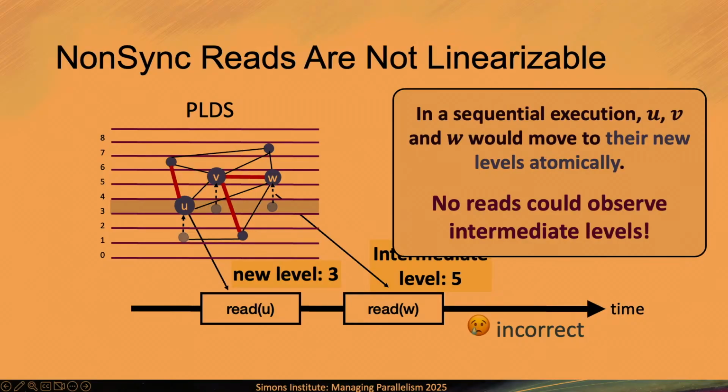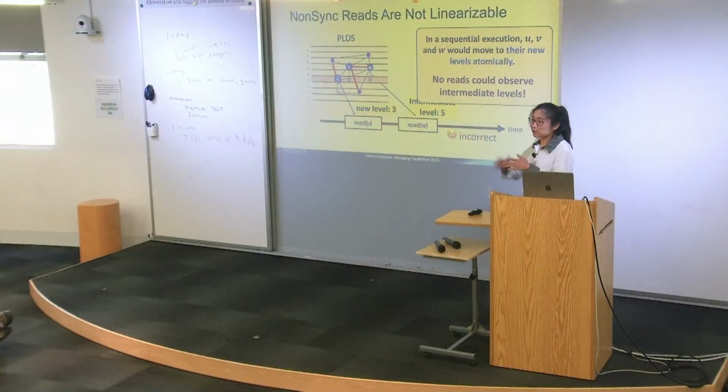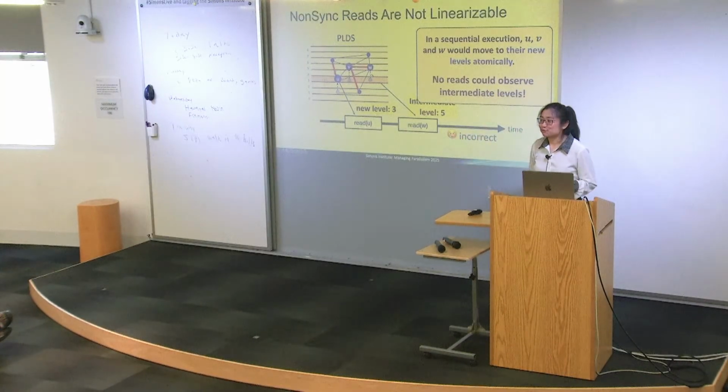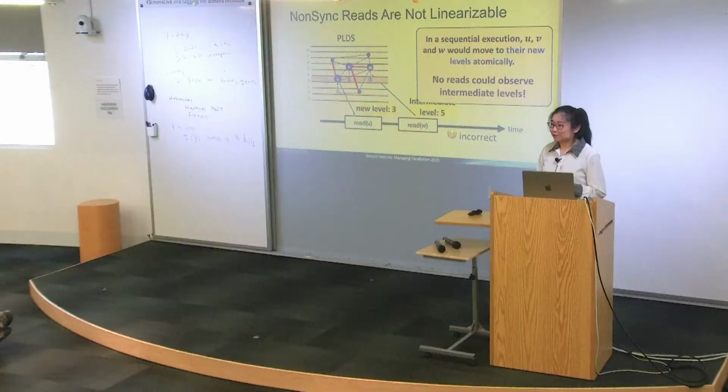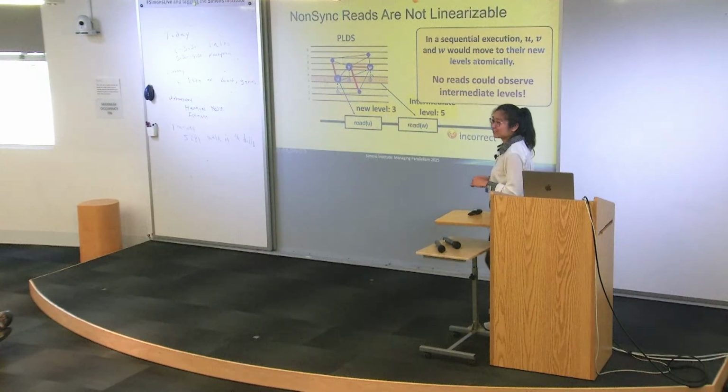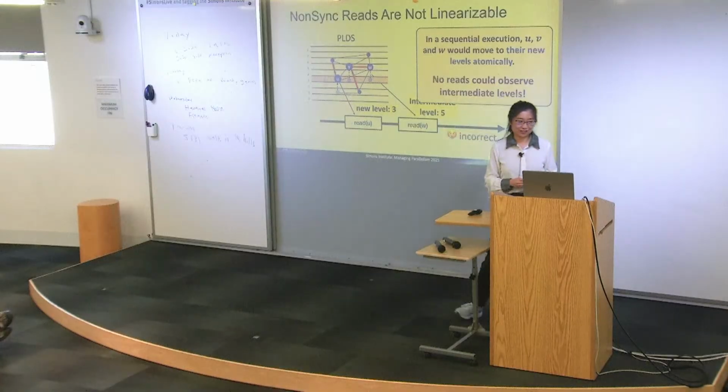Yes. In this model, reads are always just reading one word. Yes. You can extend the model to read more than one word. But for this example, yes, where each read is only reading one value, which is your core number. So one word. But if you can read more than one word, then you almost have to take a snapshot, right? Atomic snapshot. Yes, that's true.